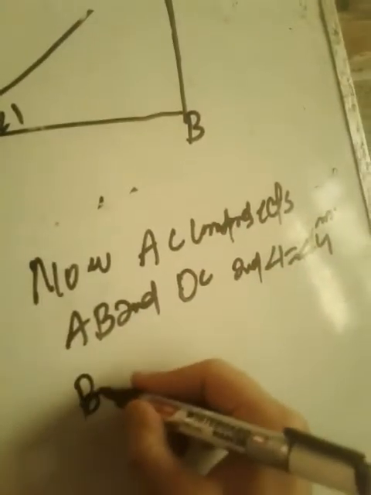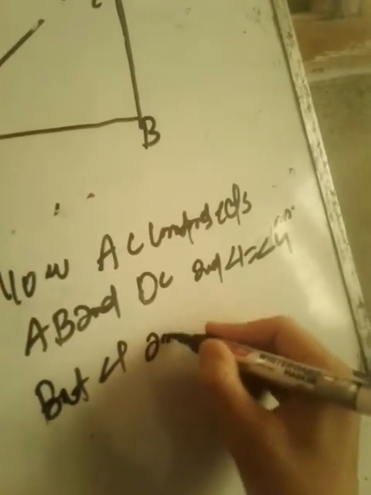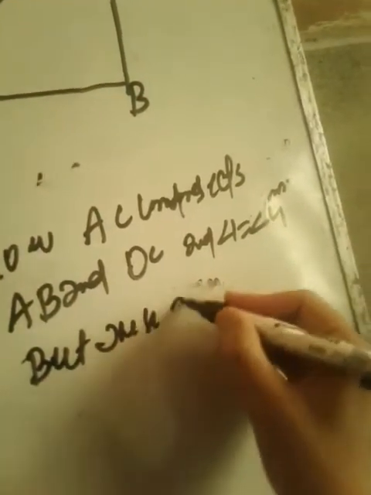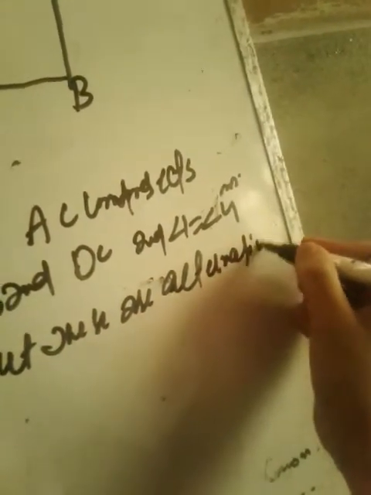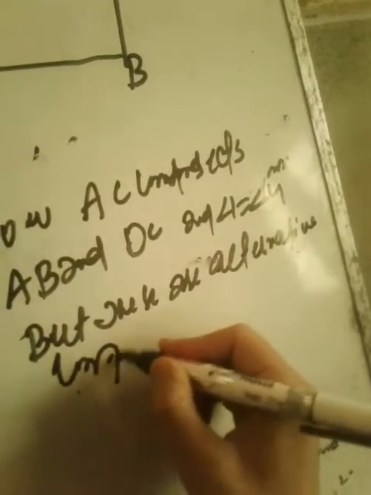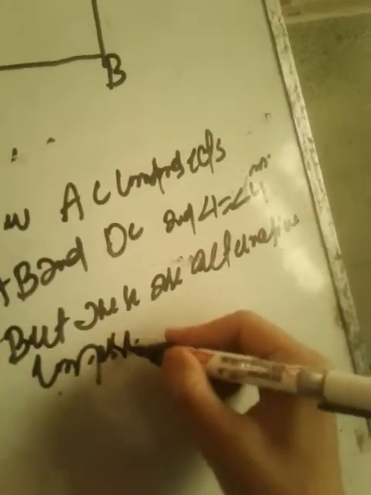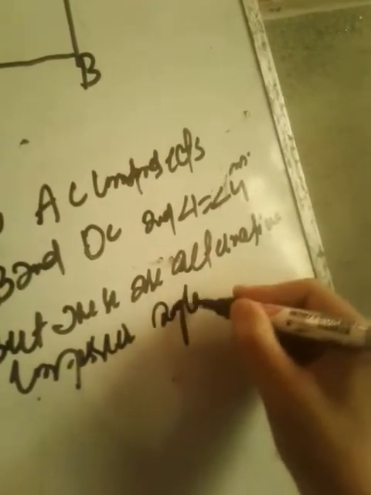These are alternate interior angles. And when alternate interior angles are equal, lines are parallel.